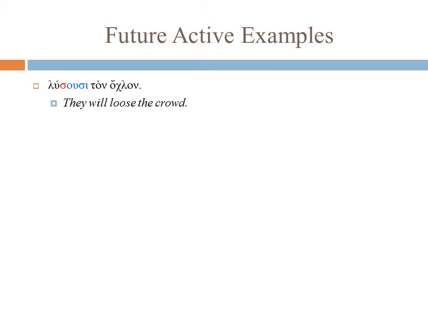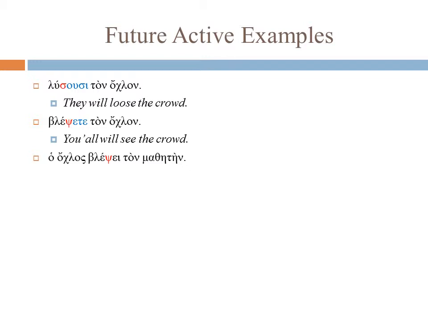They will loose the crowd. Blepsete ton ochlon. A little more difficult was blepo and blepete, but that sigma has merged with a P, right? That's going to happen. Blepsete ton ochlon is the future now. Y'all will see the crowd.